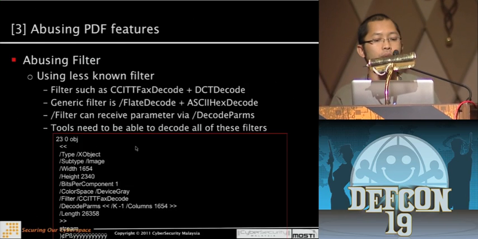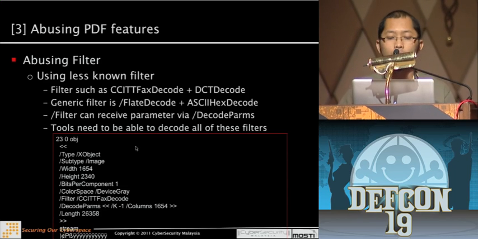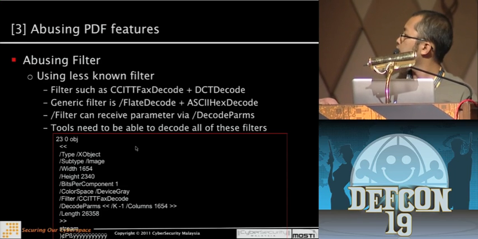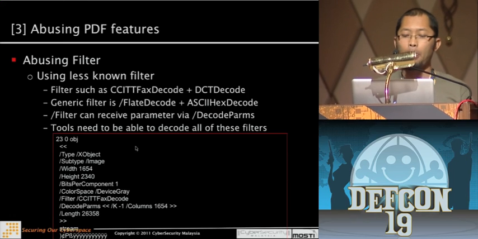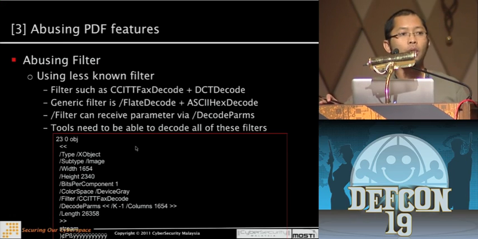Another thing that you can abuse within PDF obfuscation is the filter. The main category here is what I call PDF features. Obviously, one of the normal features in PDF is the filter. The main reason for a filter is basically to compress the size of the PDF, so you normally use some encoding to compress it.